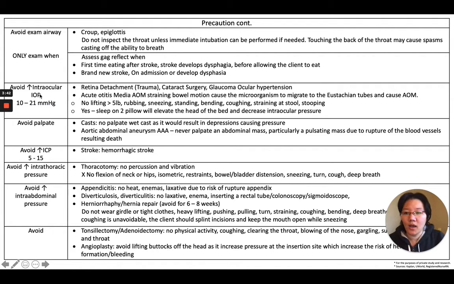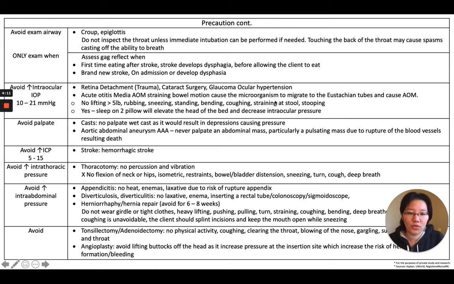Continue on. Take this one as an example: increased intraocular pressure. We want to avoid it in retinal detachment, cataract surgery, glaucoma, and ocular hypertension. For example, a patient had cataract surgery and is feeling bloated or not able to pass stool.